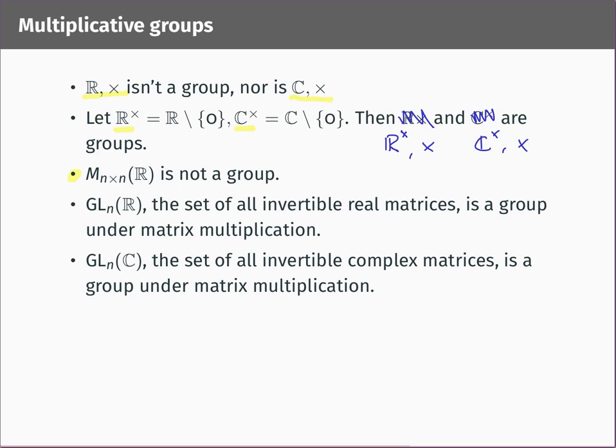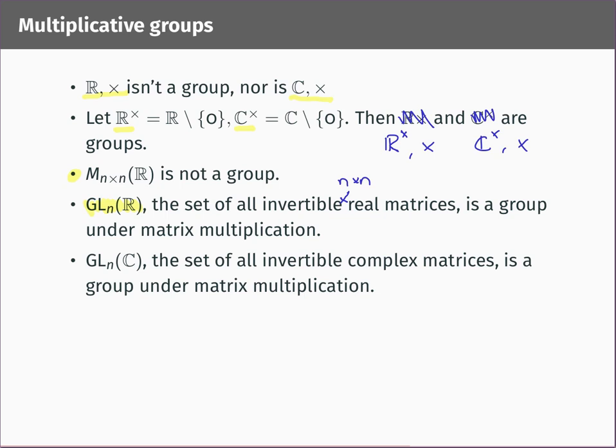So instead, what we have to do is form the set of all invertible real matrices, and that will be a group under matrix multiplication. There's a special name for that: GL_n(R) refers to the set of all invertible n by n real matrices, with real entries.